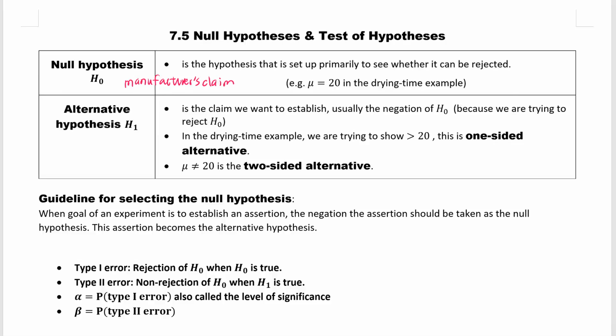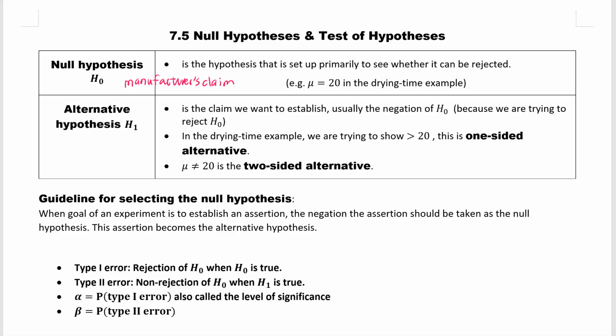In the drying time example, it claimed that the drying time is 20 minutes. If the paint dries faster, are you happy? Yeah, because it claims it's fast drying paint. If it's less than 20 minutes, say 19 minutes, it dries faster than the claim, so we are actually happier.